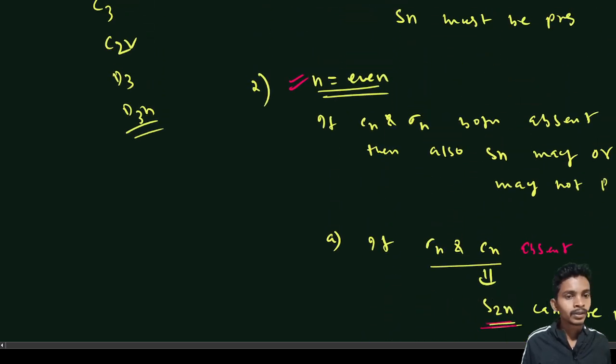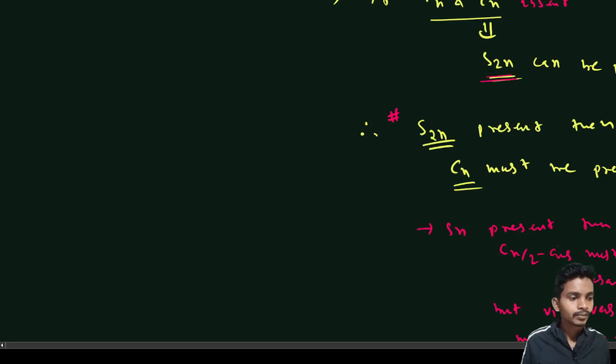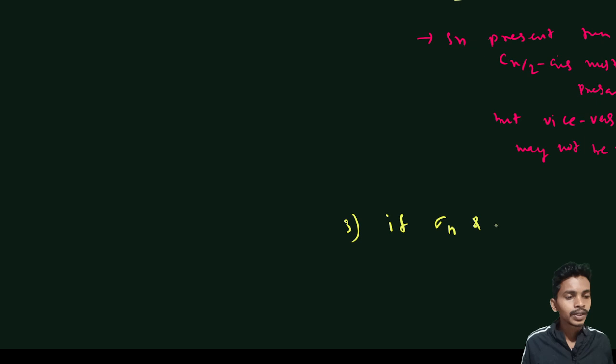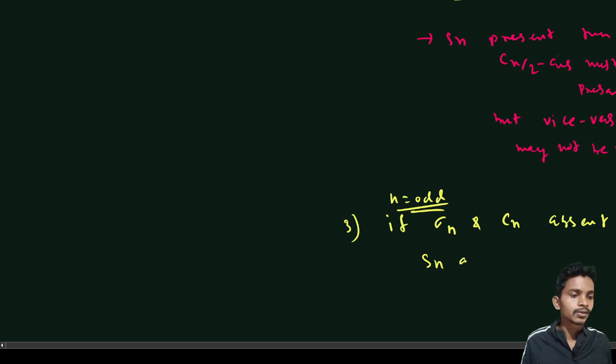This is for the even, and for the odd: if sigma h and Cn are absent, for n equal to odd, then Sn is also absent. For n equal to odd, there is no such condition.